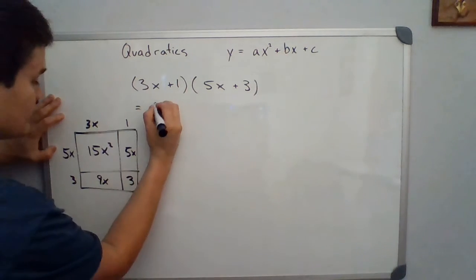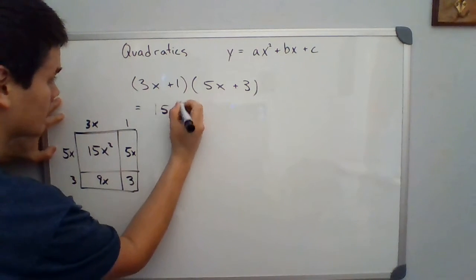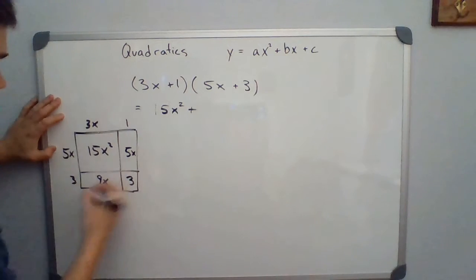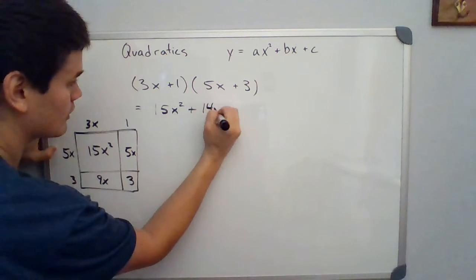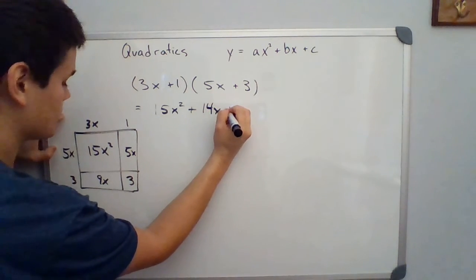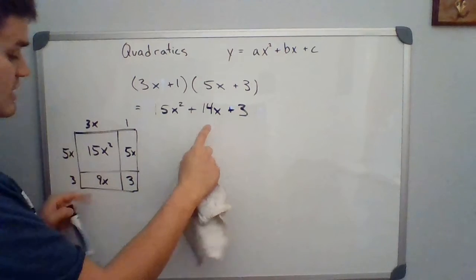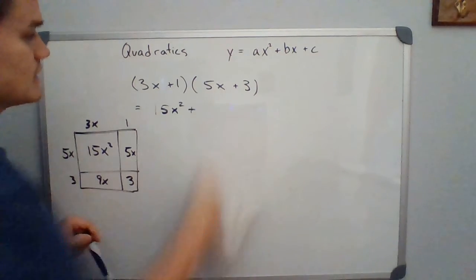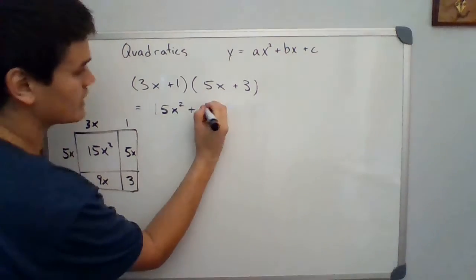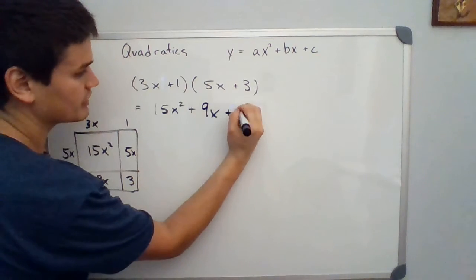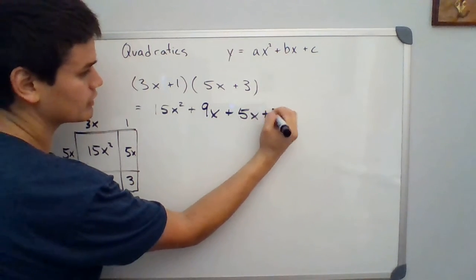And then I just have to add these up: 15x squared plus 14x plus 3. But that 14x was actually 9x plus 5x, so I'm going to do that real quick: 9x plus 5x plus 3.